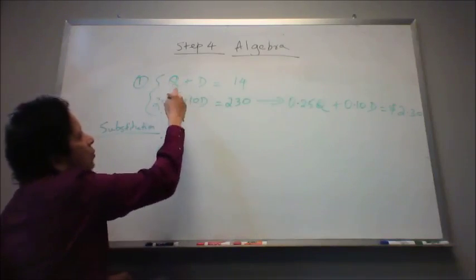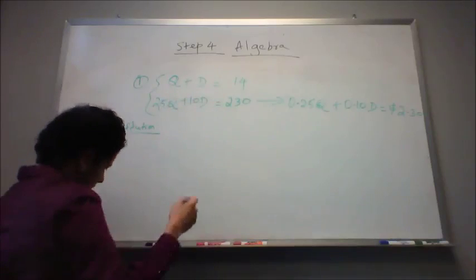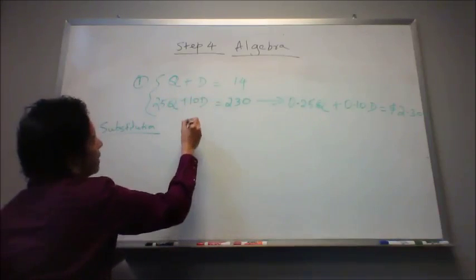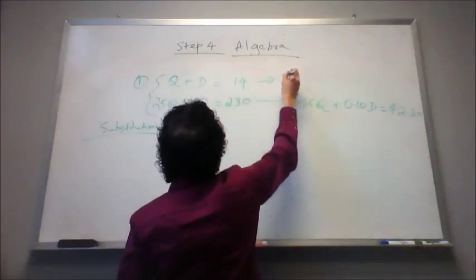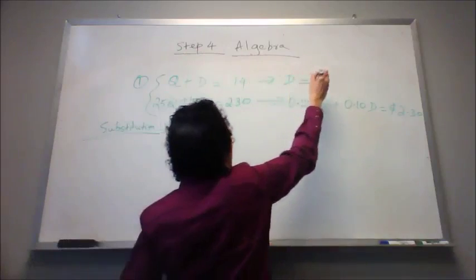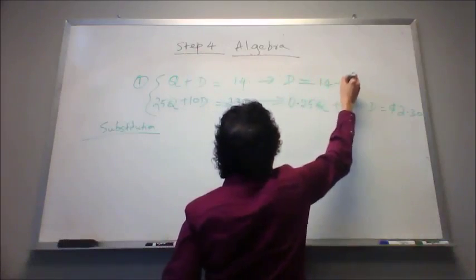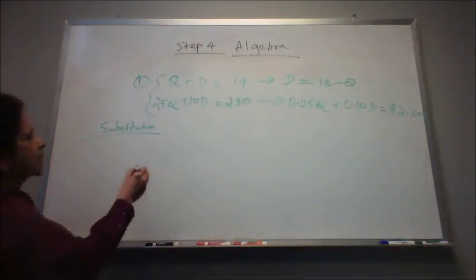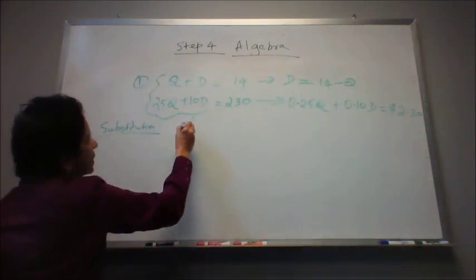From the first equation, q plus d is 14. So I can write d equals 14 minus q, taking q to the other side. Then in this equation, I substitute.